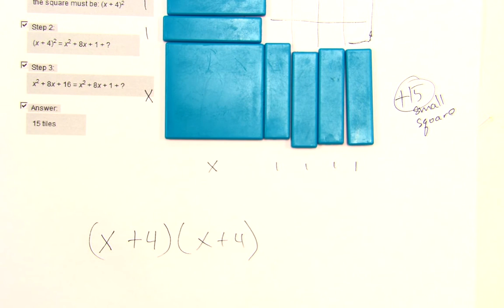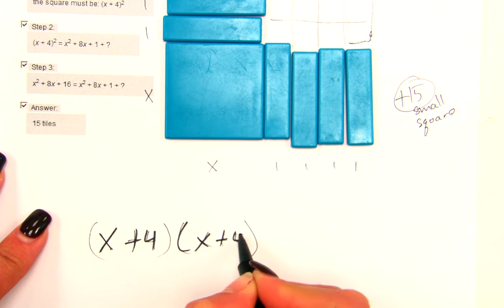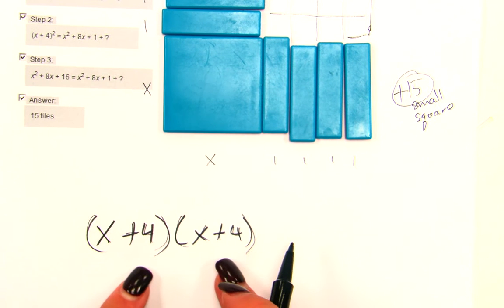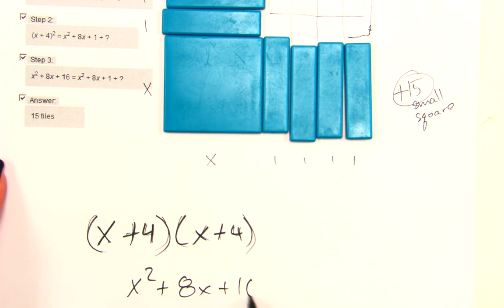Perfect on the bottom would be an X plus 4, and perfect on the side would be an X plus 4. Okay, but if I do that, I'm missing some pieces, because realistically, X plus 4 times X plus 4 is X squared plus 8X plus 16.